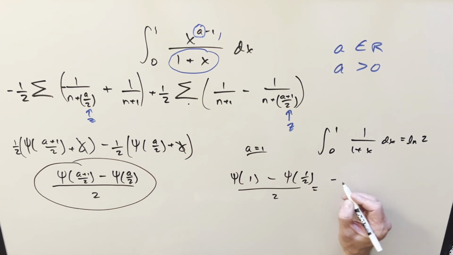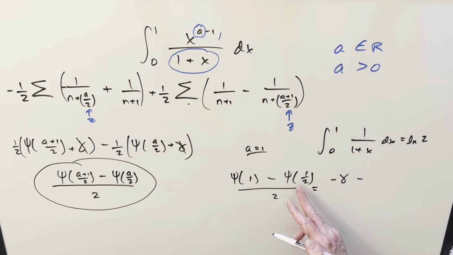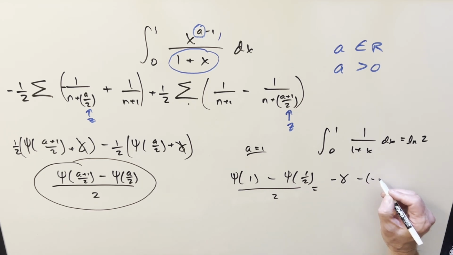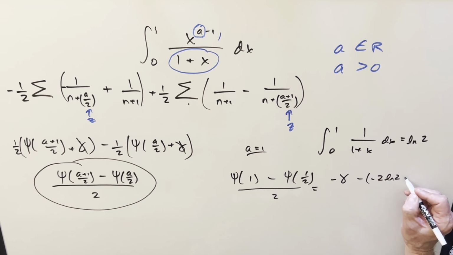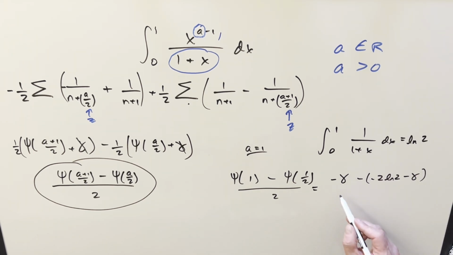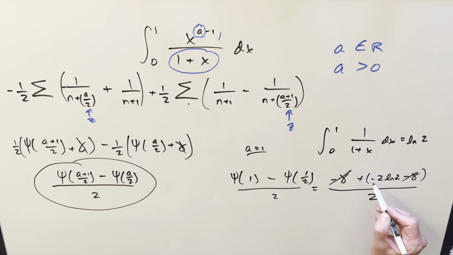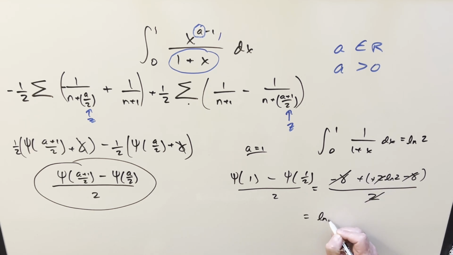For digamma of 1, we got minus the Euler-Mascheroni constant. For digamma of 1/2, we have minus 2 ln 2 minus the Euler-Mascheroni constant. Now this is all over 2. What's going to happen when you multiply the minus sign? The constants cancel. Minus times minus is plus here. 2 cancels with 2. And we get back ln 2.